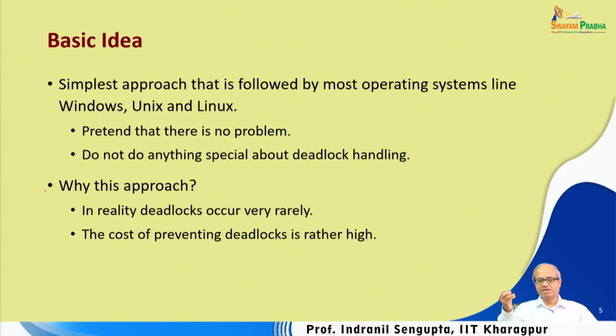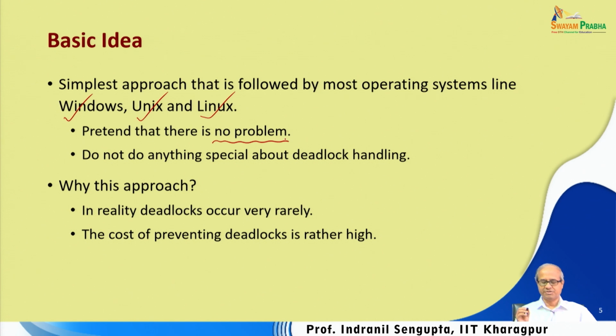So, in this ostrich algorithm, as I said, most of the modern day operating systems like Windows, Unix, Linux, they follow this approach. This is a very simplified approach, basically this is a no approach, it does not do anything. So, here the operating system pretends that there is no problem, deadlocks never happen in the system, even if deadlock happens I do not care, I will not do anything.